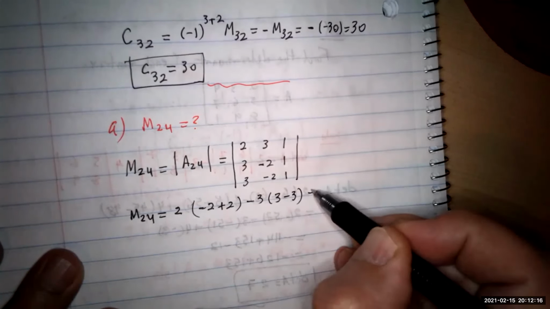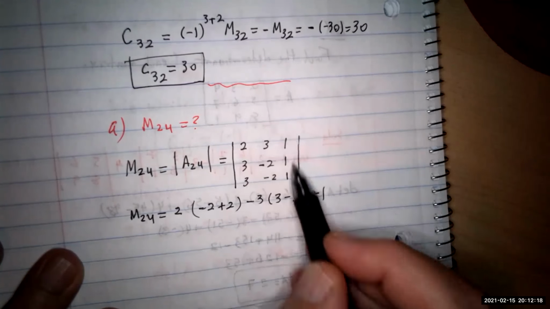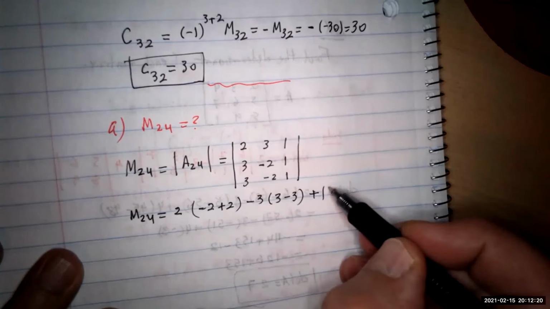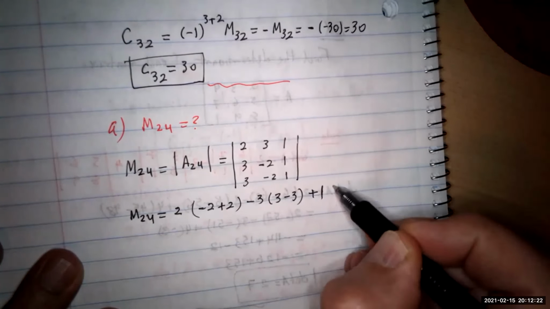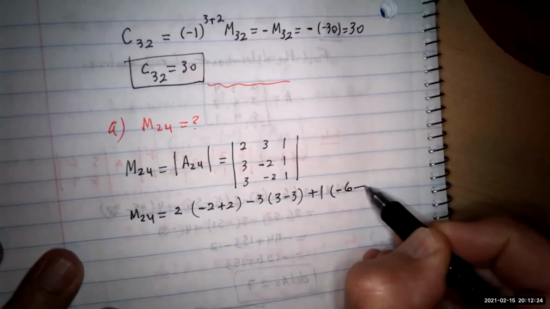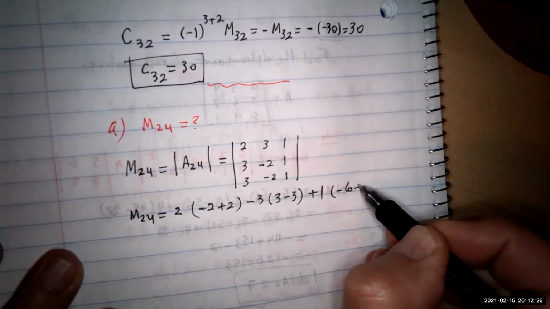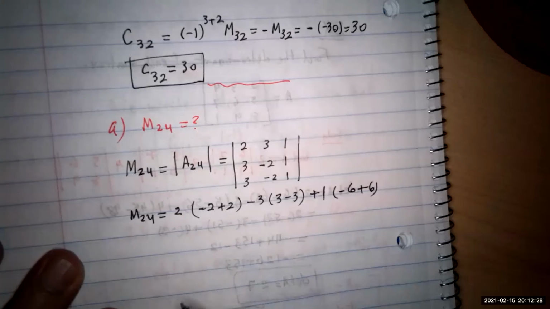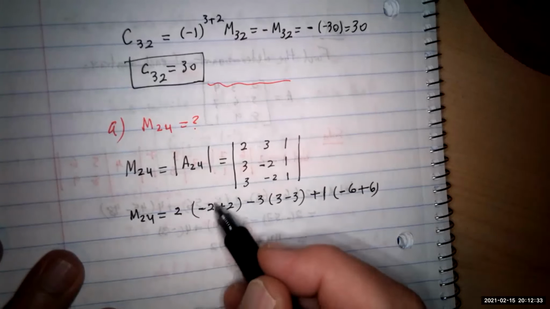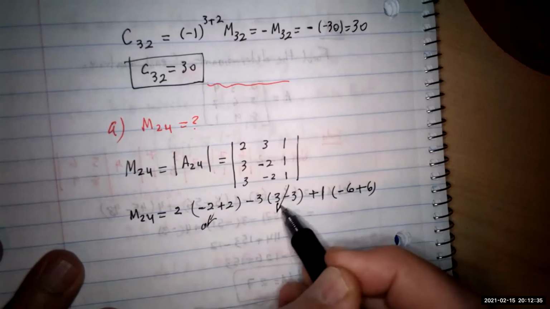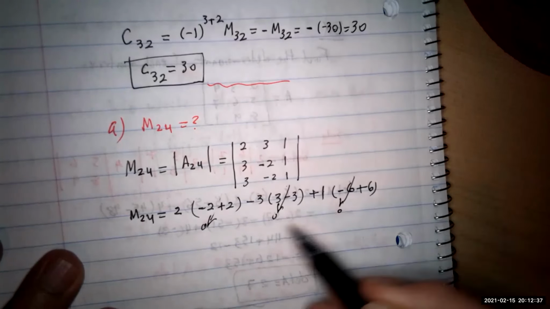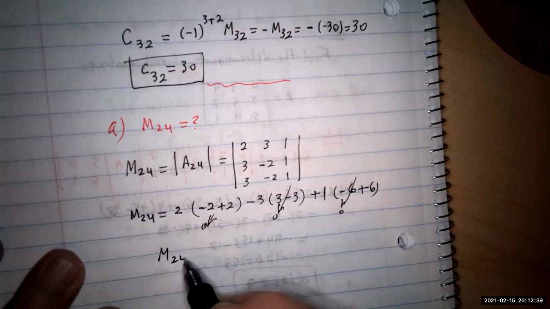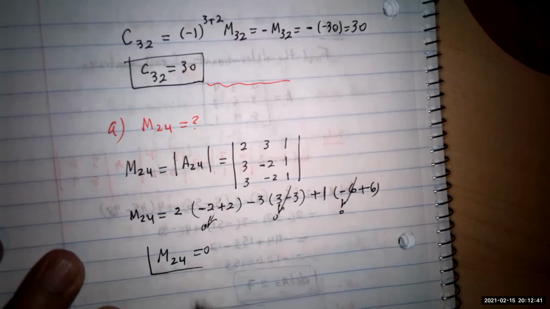And this is going to be plus, first row, last column: 1 times negative 6 minus negative 6 gives you 6. All of them are going to be 0. So M24 is equal to 0.